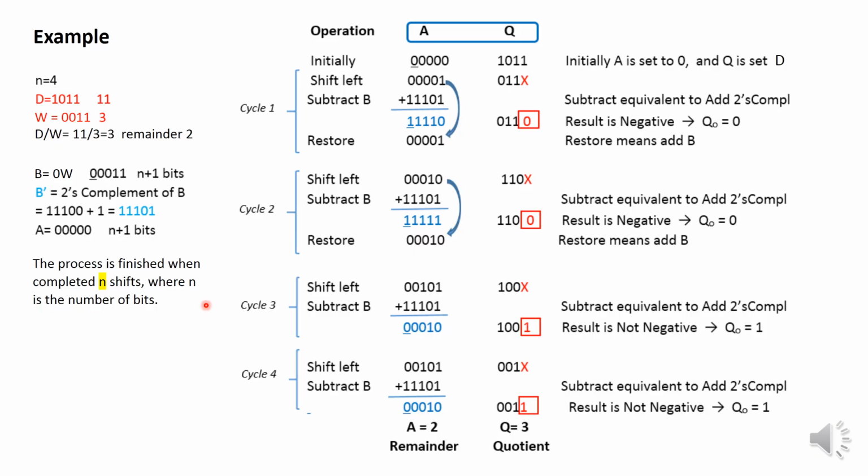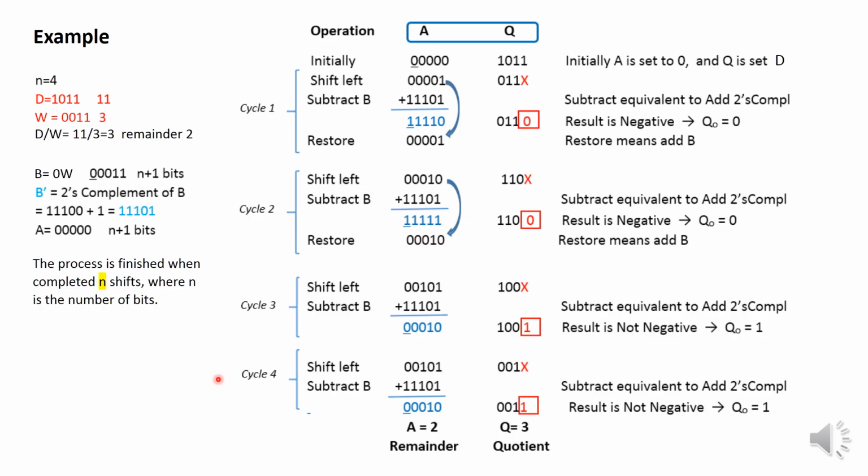Let's see the third cycle. In the third cycle, we shift left again, we subtract the divisor, and we check the result. The result is positive this time, so we keep it. That means the new quotient bit is 1.